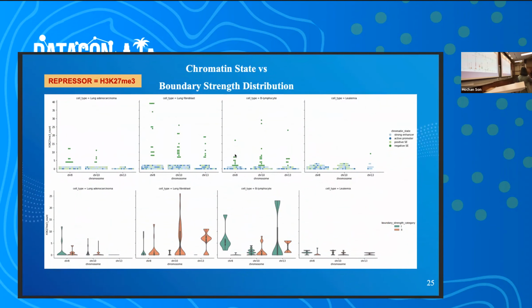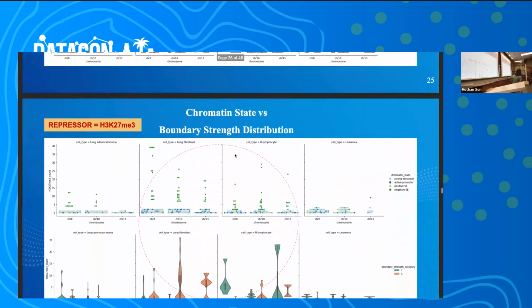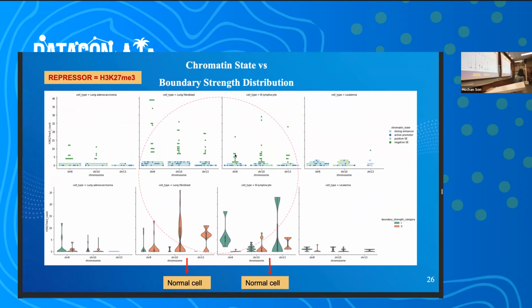Using the same flow as the previous slide, in this case I put it in the context of the repressor. Now let's focus on the normal cell type. Here, these are the 2 normal cell lines that we have.